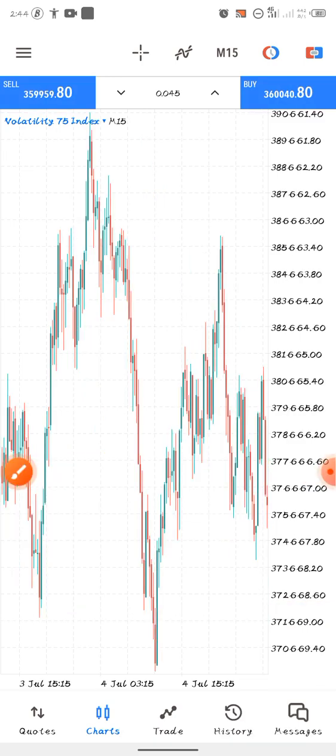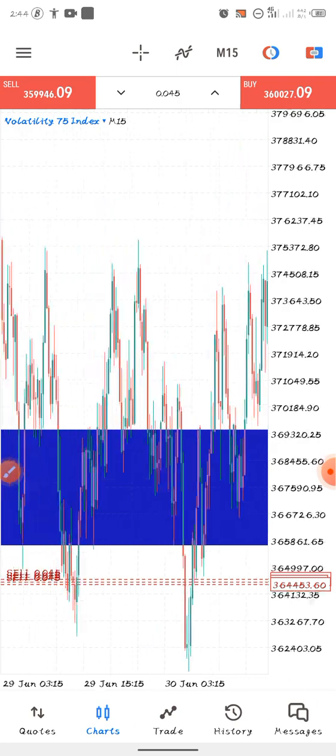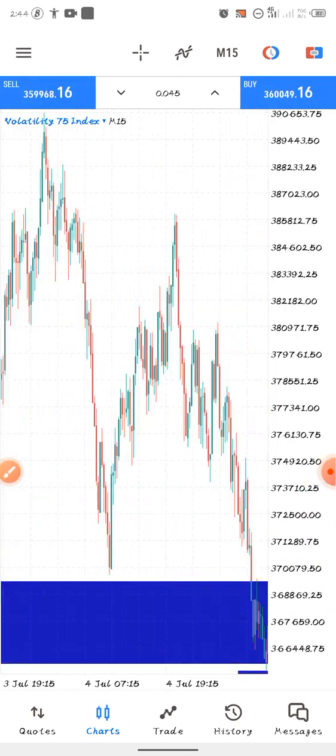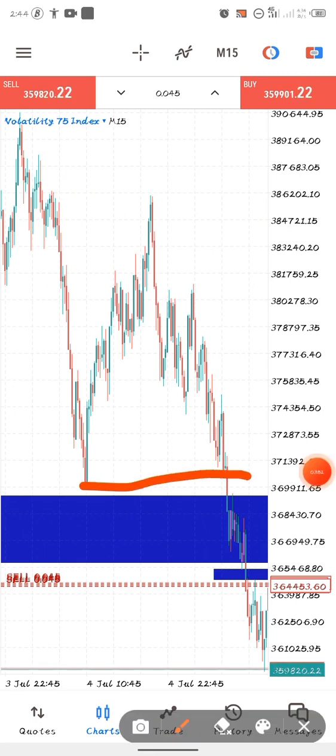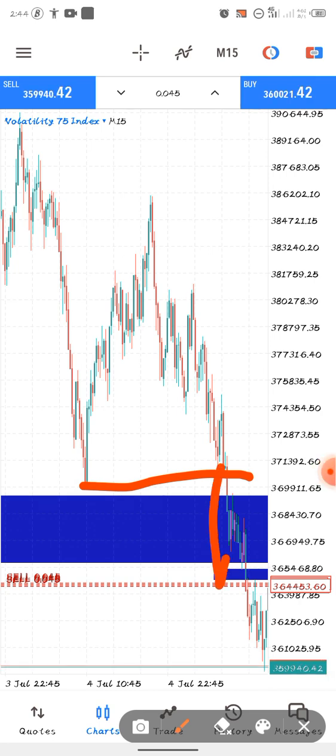Now let me zoom in so you guys can see it a lot more clearly. I wait for a candle to break this area right here. You can see there is that area, and then when I see it, I have to wait for the market to retrace back.